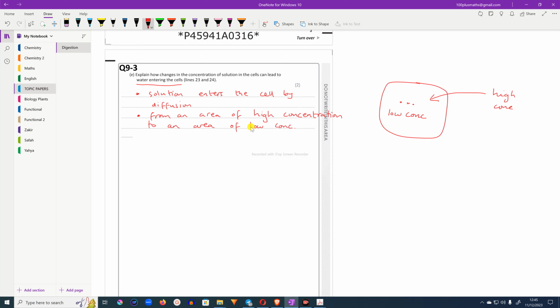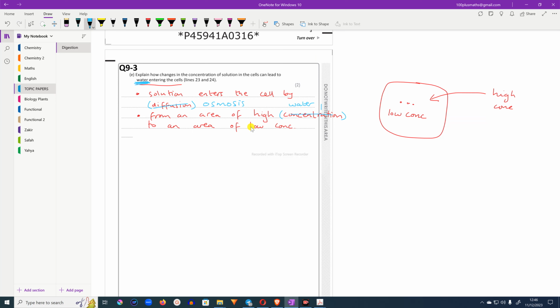Okay, so that's good. Right. Oh, okay. Look, I missed a keyword there. So solution enters by diffusion. Right. Because it's water, I would not use that word. You use the word osmosis. So the solution enters the cell by osmosis from an area of high, right, let's leave this on. It's good actually.